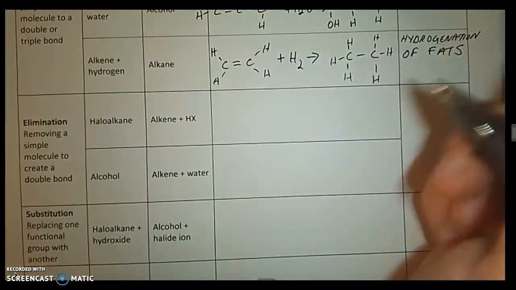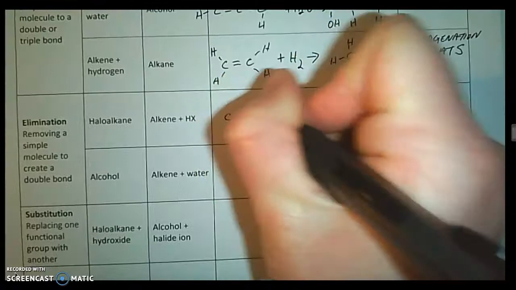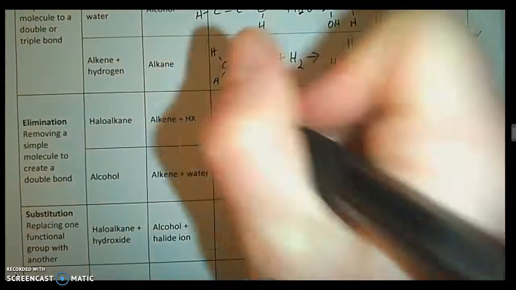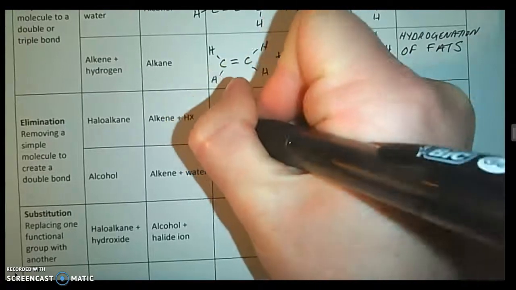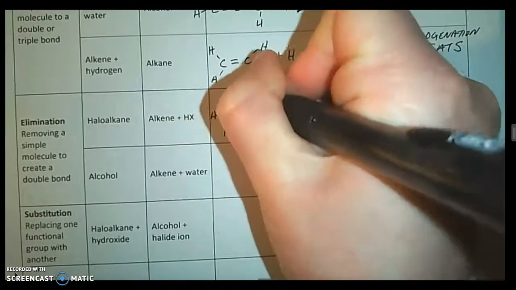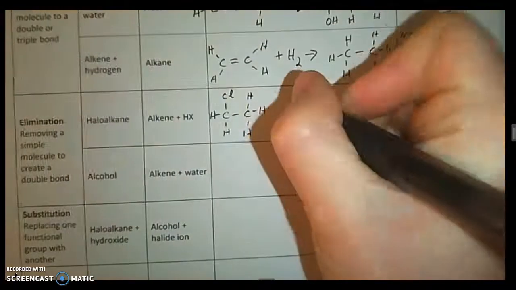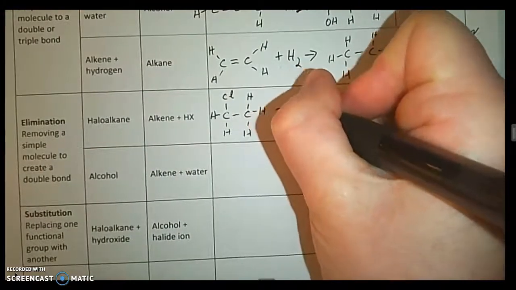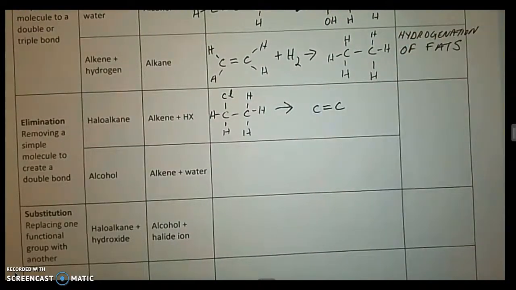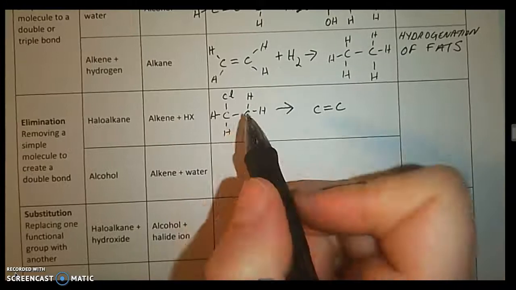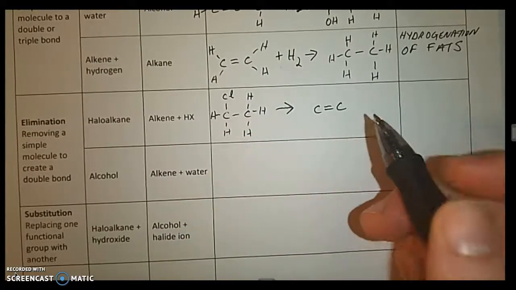A pretty straightforward example: if I had something like chloroethane, which has one chlorine and all the rest of the bonding spots on our carbons filled with hydrogens, and I did an elimination reaction, I would be creating a double bond. The two carbons originally had a single bond, now they're going to have a double bond.